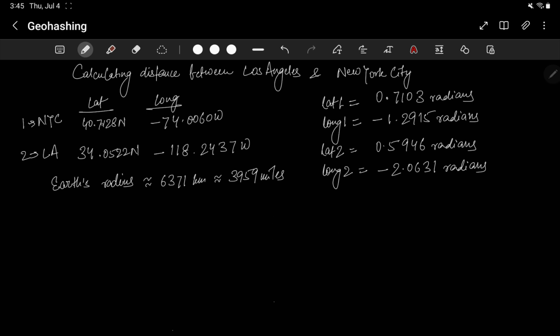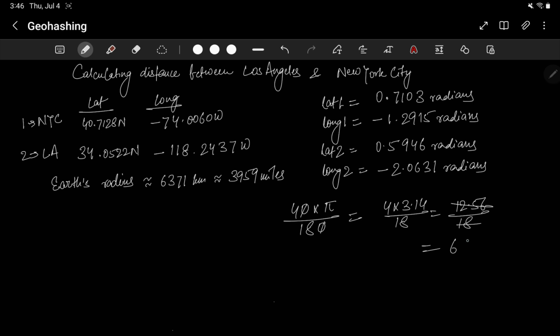Let's do a rough verification for this latitude. So it is almost 40 into pi divided by 180. So this is almost 4 into 3.14 divided by 18, which is 12.56 divided by 18. 18 times 6 is 108, then we have 176.